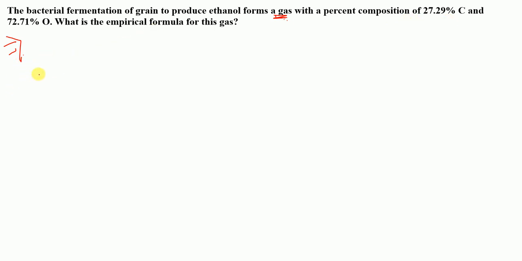As in the previous case, first the atomic masses. The atomic mass of oxygen is 16, whereas the atomic mass of carbon is 12.01.